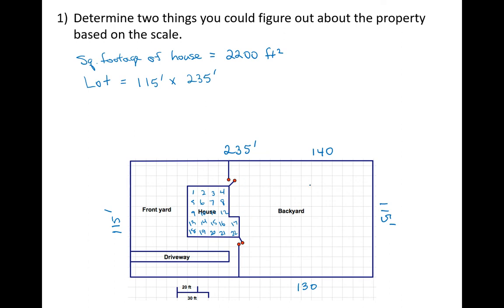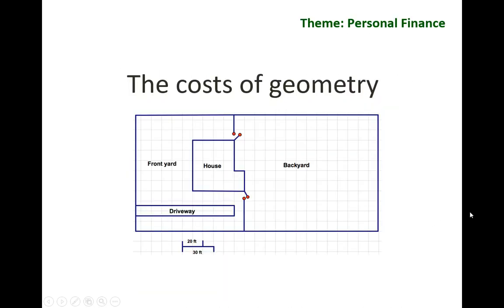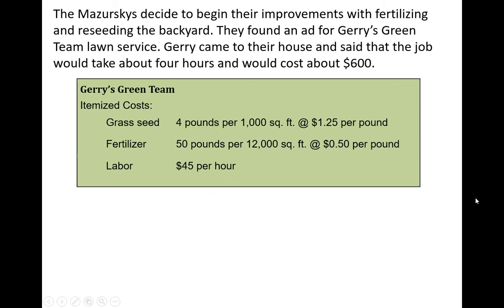If we average that 130 and 140, we could say that the backyard is about 135 by 115. All right, we could have done it on this page too. I'm going to write down it was 135 by 115.